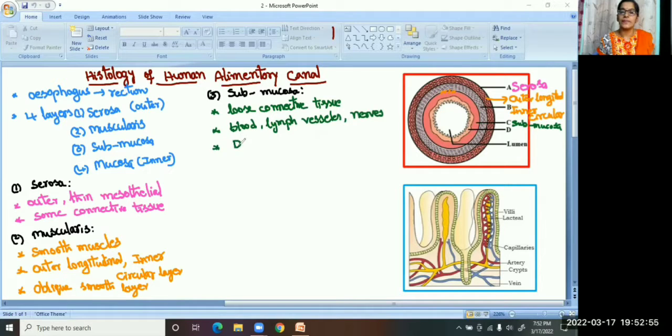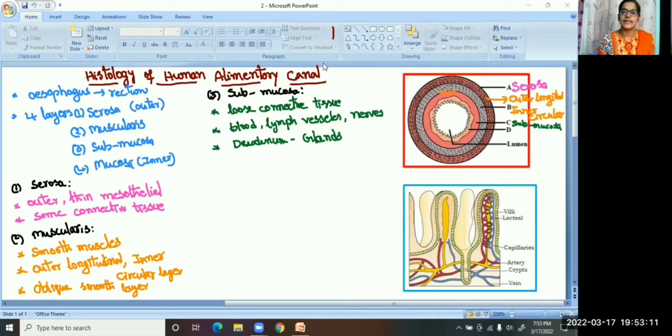In the duodenum region, this submucosa has some glands. So that is about the submucosa.